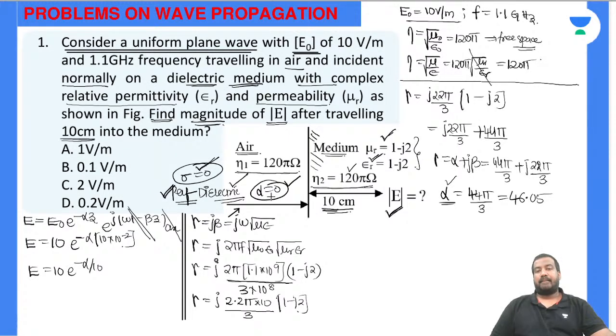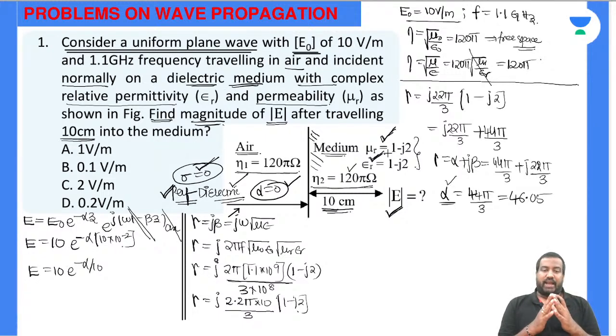Because mu r and epsilon r are complex. As mu r and epsilon r are complex values instead of real values, these complex values are resulting in losses. That loss, because of mu r and epsilon r being complex, is given by attenuation.